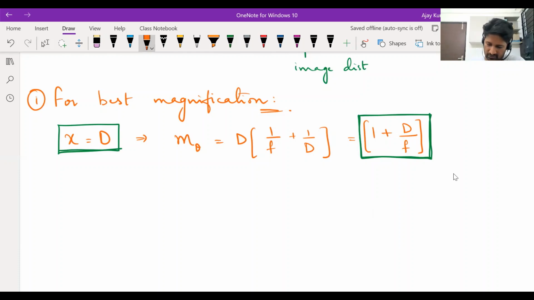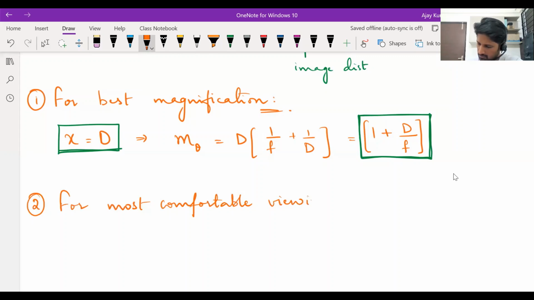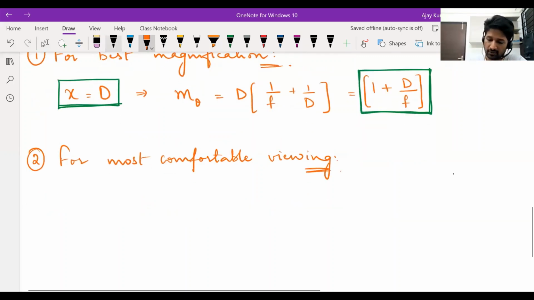So we take another case for most comfortable viewing. For most comfortable viewing, the image should form at infinity.